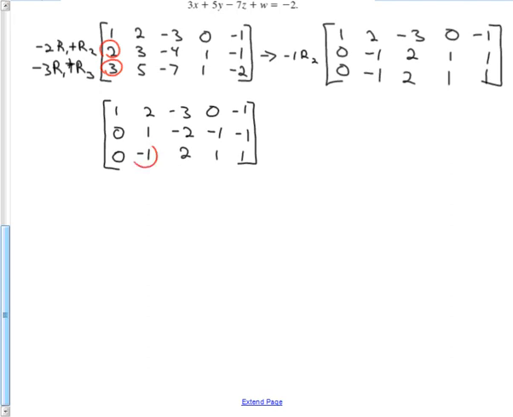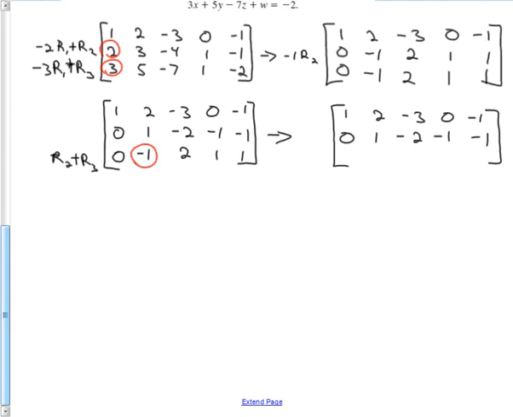Now we're going to eliminate this by just adding row 2 plus row 3, right? Okay, row 1 again. 1, 2, negative 3, 0, negative 1. And 0, 1, negative 2, negative 1, negative 1. Second row, just how it is.